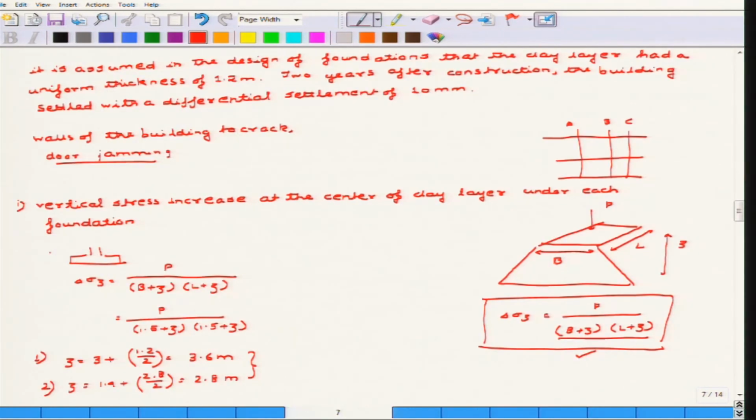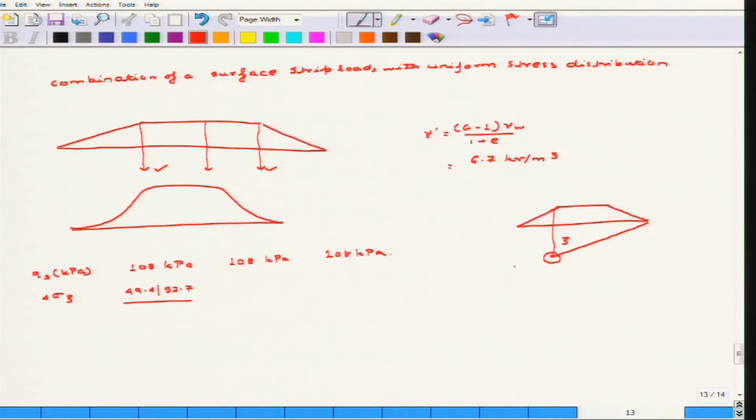In this case you can also find out the stress below an embankment, the delta sigma z, from a formula. I am not discussing the details of the formula, but I am just showing you an example of how you can find it out. So the stress on either side of the embankment will be different, and that is what is written: 49.4 and 52.7 at this point, 88.4 at the midpoint, and 51 and 47.8 at the end point.